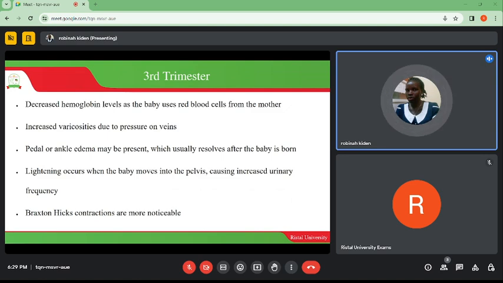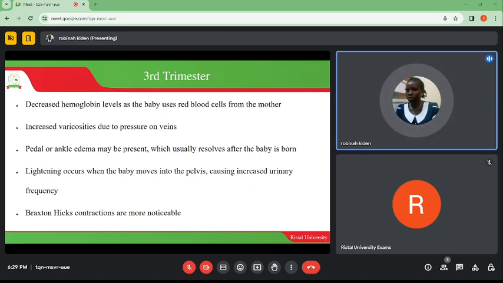So because of that, there is decreased level of hemoglobin in the body of the mother. Then there's also increased varicosities due to pressure on the veins. That is why up there we have looked at varicose veins. Pedal edema may be present, which usually resolves after the baby is born.